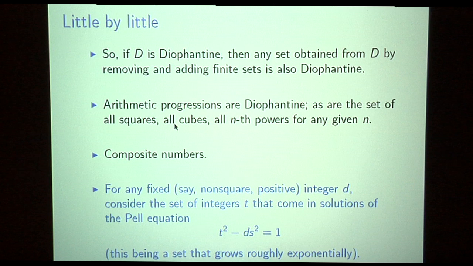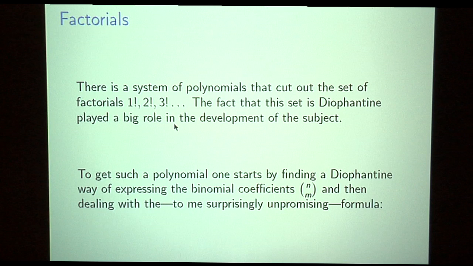That's going to be a theme, and we'll get to a tiny bit of the history of the subject to indicate what an amazingly rich and complex theme it was.